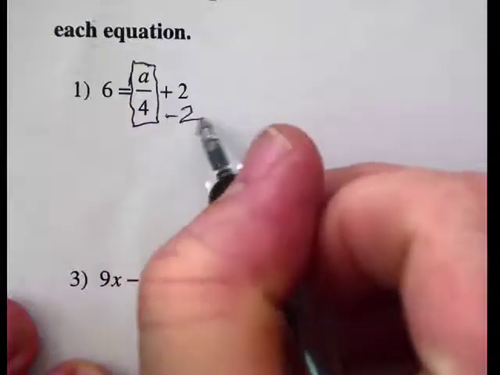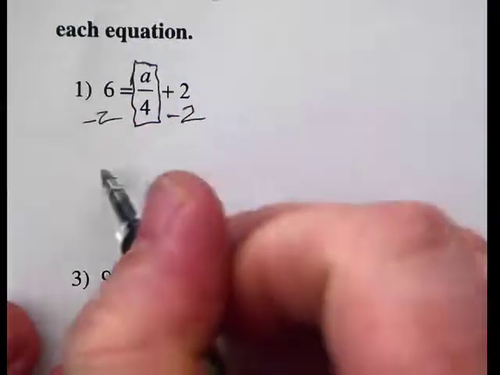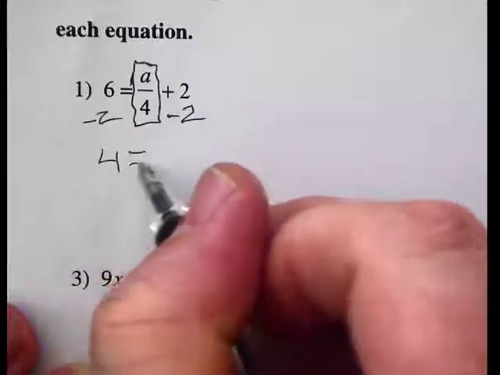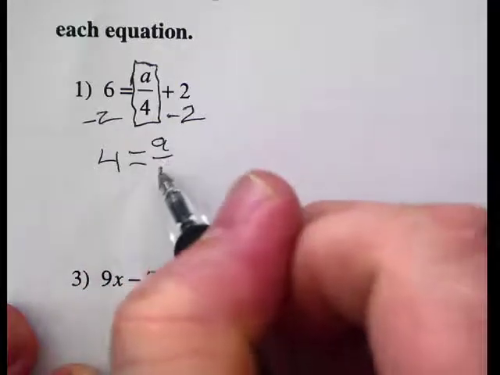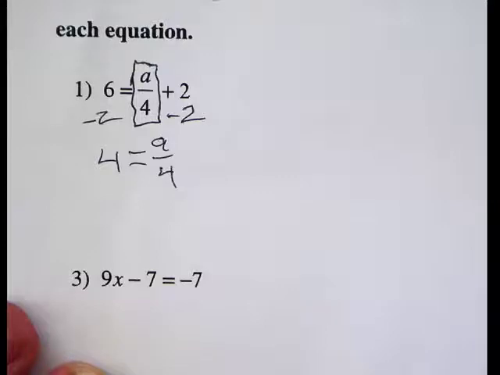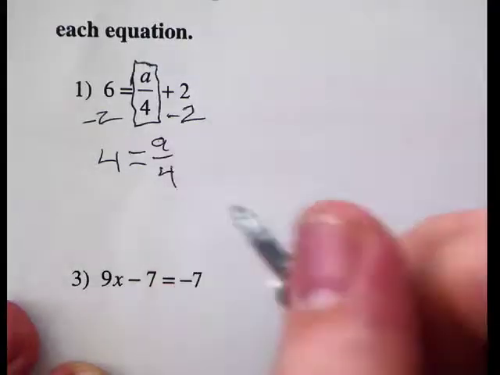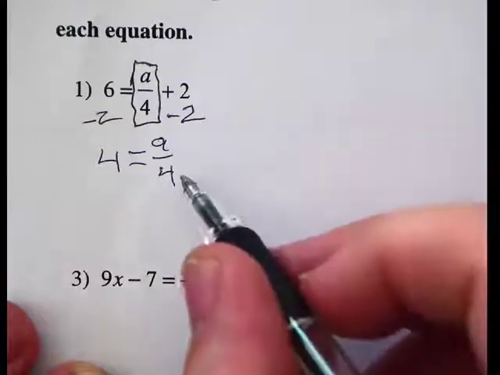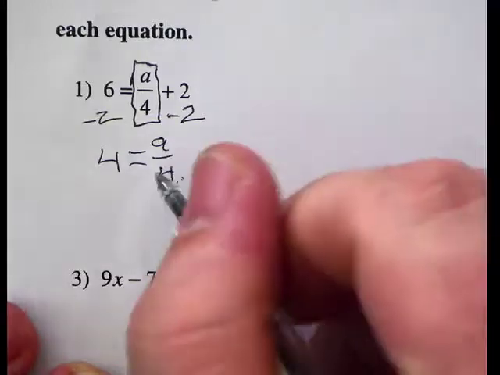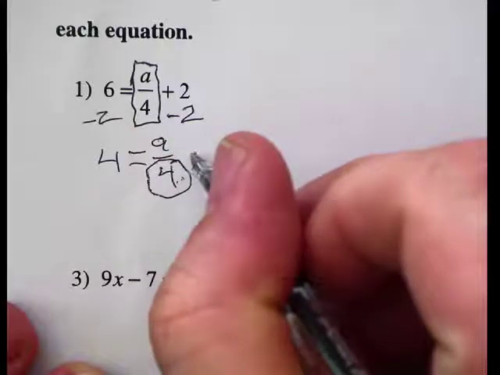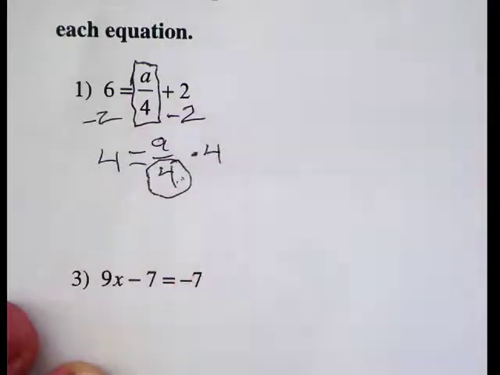So we're going to minus 2, and we're left with 4 equals a over 4. Okay, that's an a, not a 9. My a's look like 9s. Step 2 is to multiply by the denominator. Our denominator here is a 4, so we're going to multiply by 4.